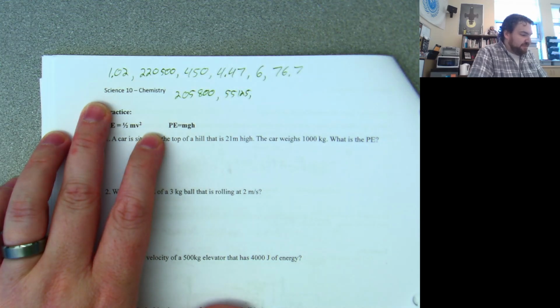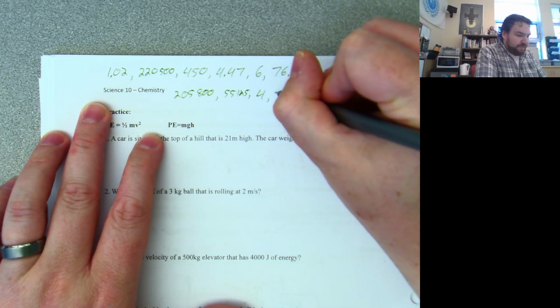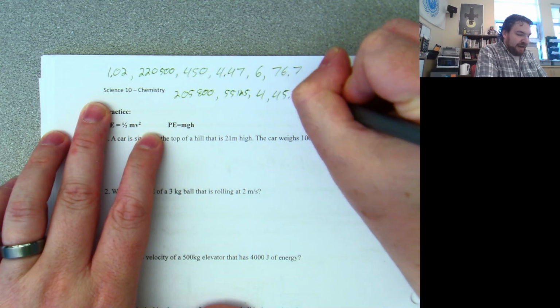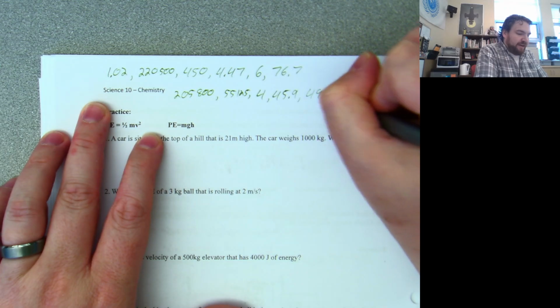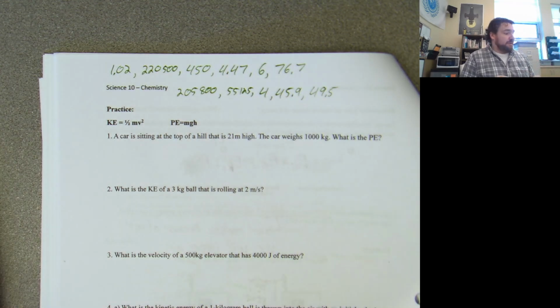They're all on the screen. 4. 45.9 and 49.5. Those are the answers in no particular order to the questions I have assigned on the upcoming pages.